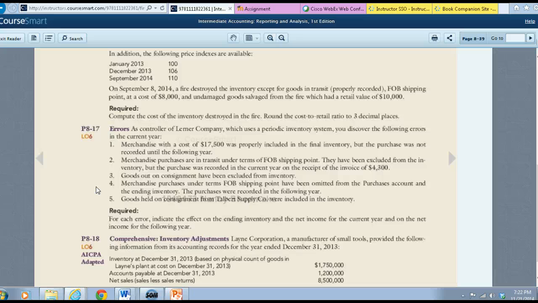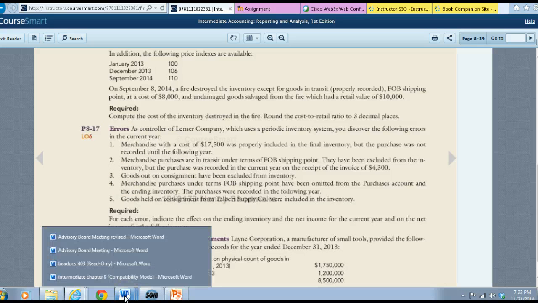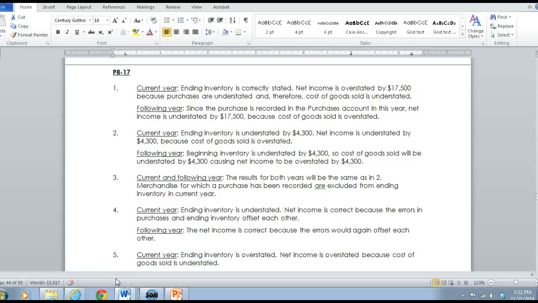So the purchase is in the books, but that inventory wasn't included in the ending inventory, and it should have been because we had title to it. So ending inventory is understated by $4,300.